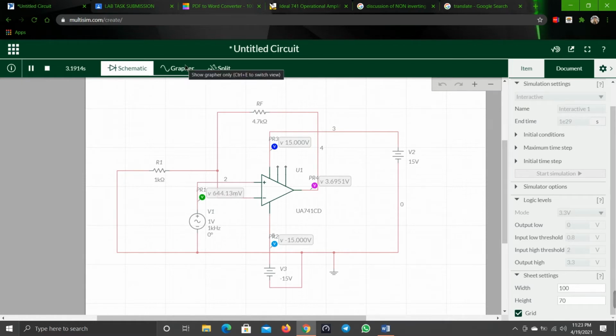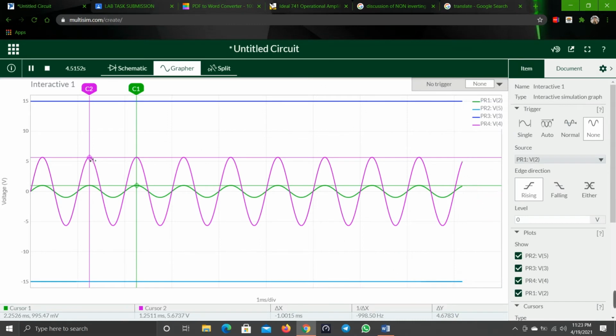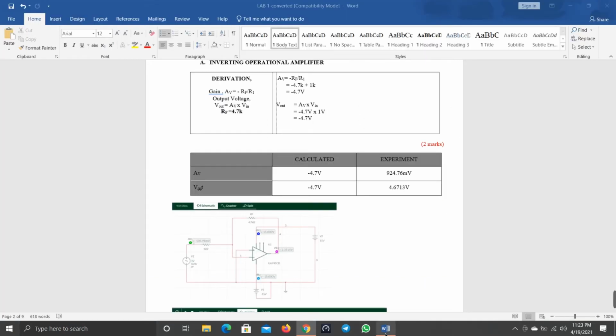I have run it and go to the graph to get the sine wave, and we put the probe here and here, and we got the measurement, millivolt and volt.